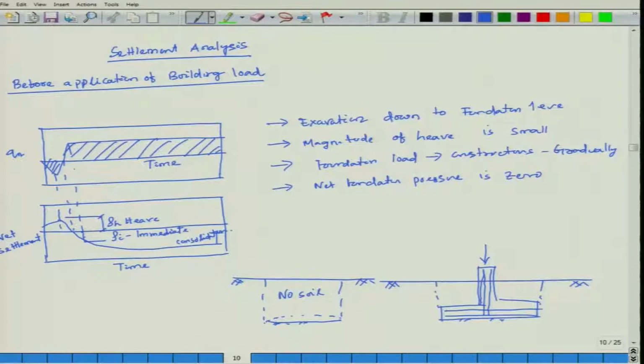Once the foundation construction is over, the column is connected to the foundation, then the beam, then the slab. So slowly the loading on the foundation comes in gradually, and the net foundation pressure increases.